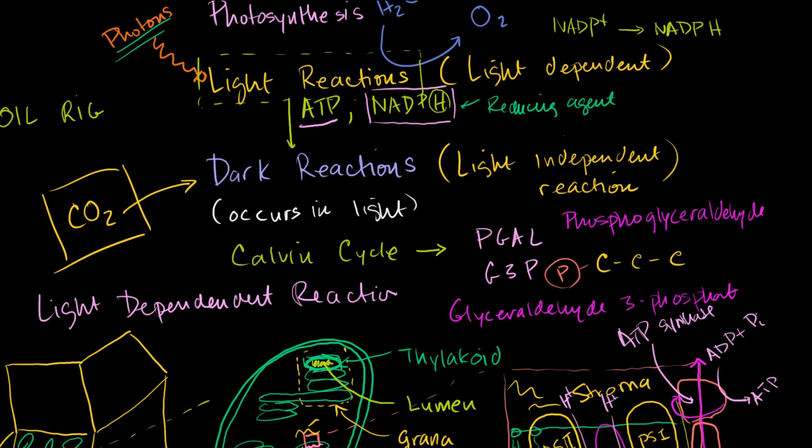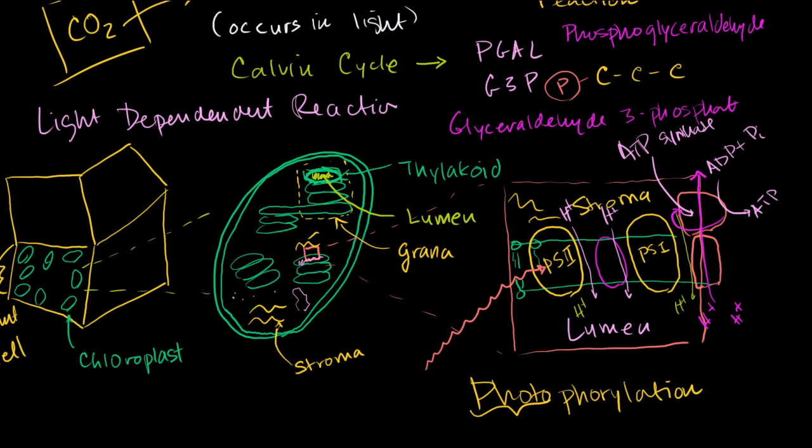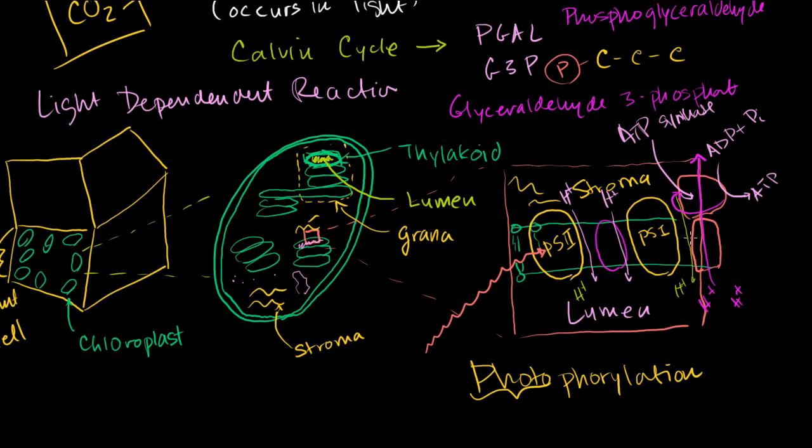Well, if we're talking about non-cyclic light reactions, the final electron acceptor, after that electron keeps entering lower and lower energy states, is NADP+. Once it accepts the electrons and a hydrogen proton with it, it becomes NADPH.